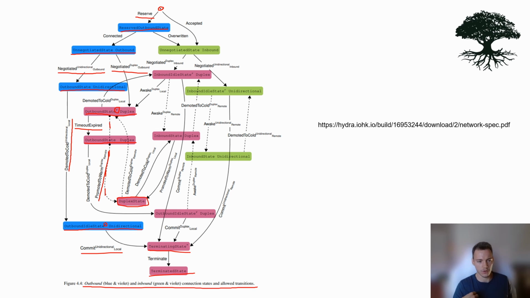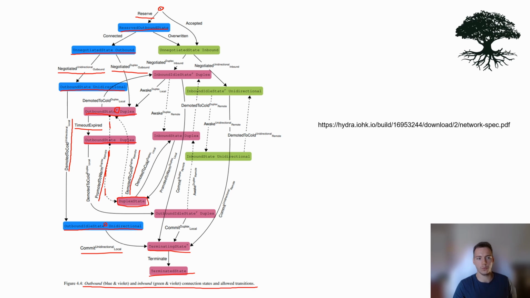So our node is using the mini protocol towards the other node, and the remote node is using the mini protocols towards our node.